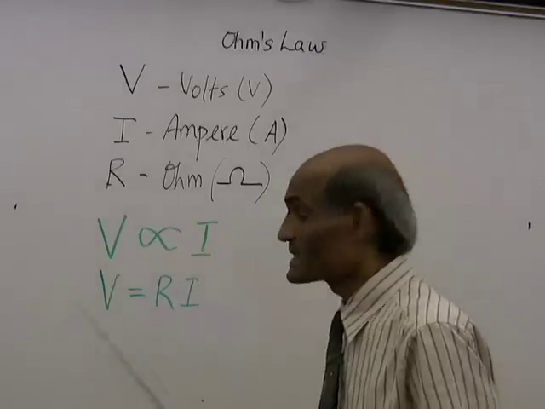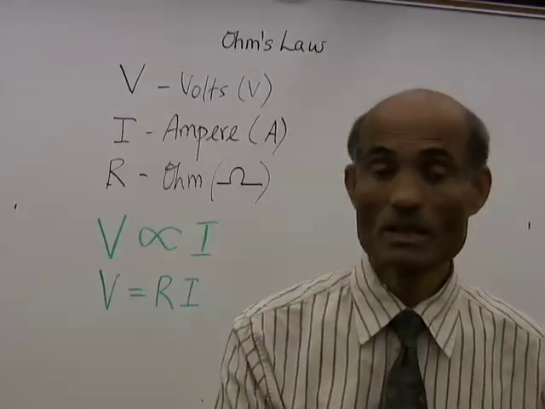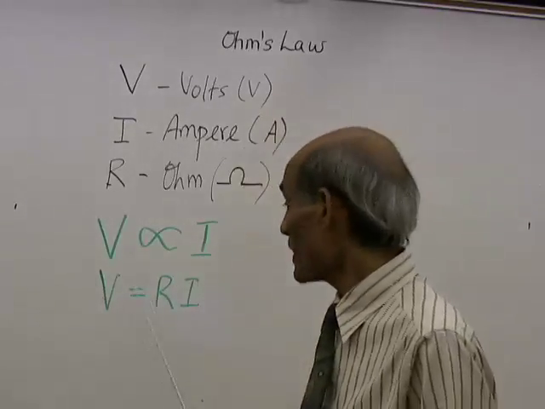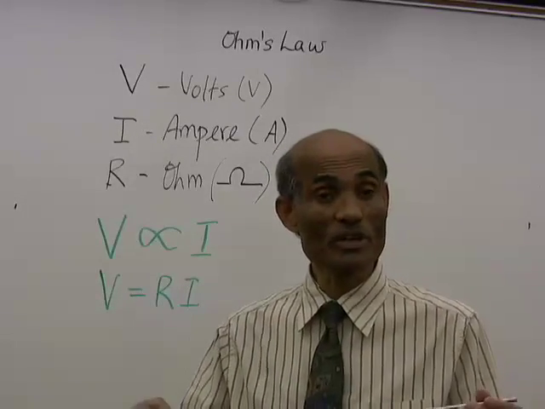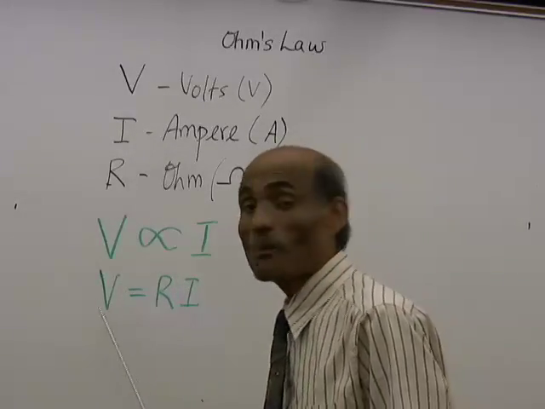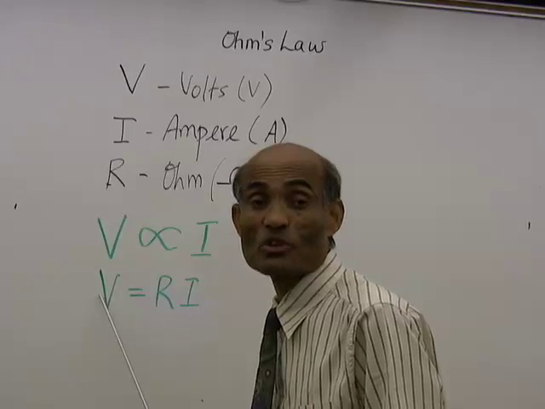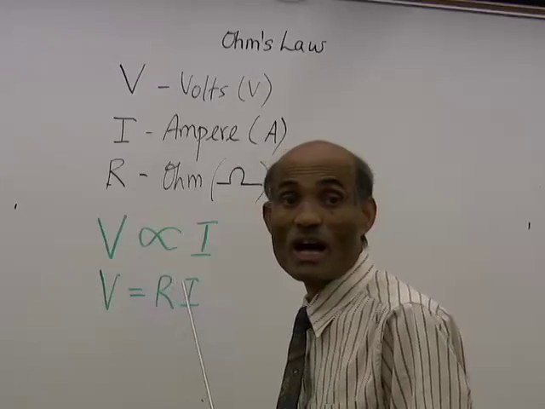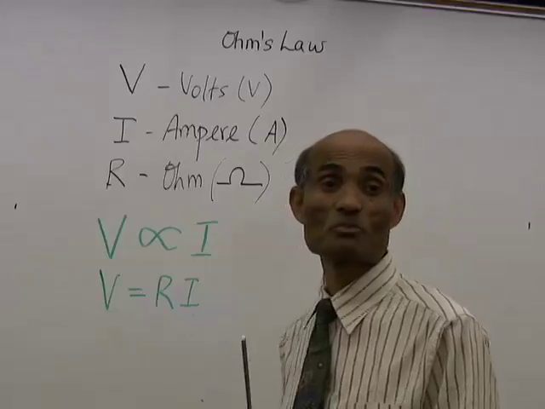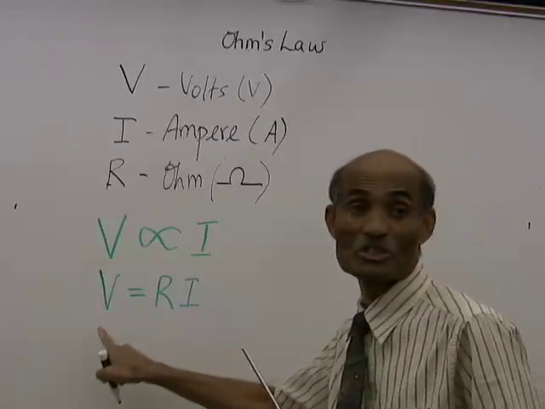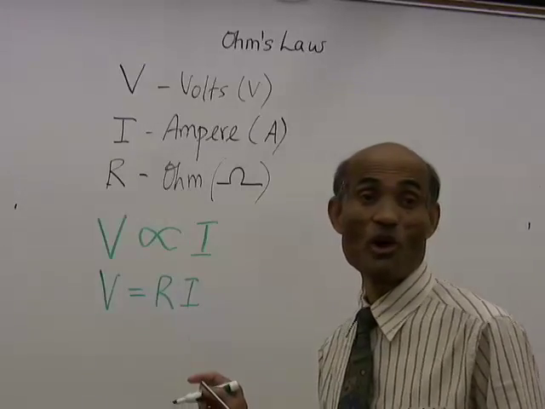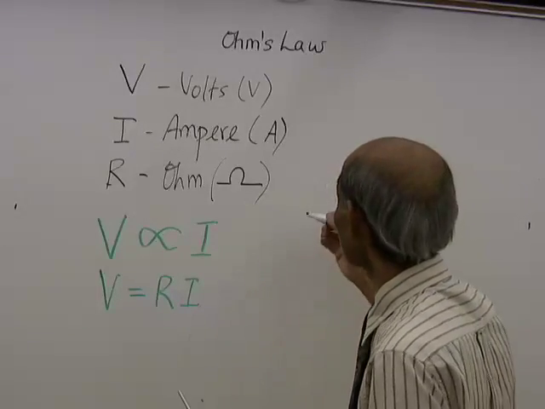We will take a conductor that has a given resistance. That is a constant for a given conductor. We will apply different values of potential difference and measure the corresponding values of I. And this equation is of the form y equal to mx.